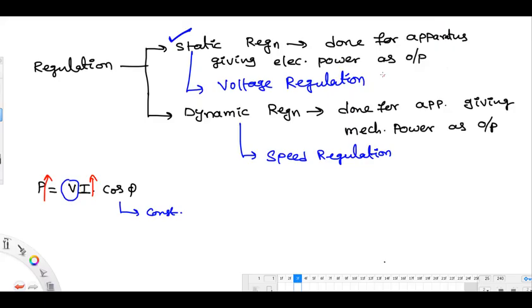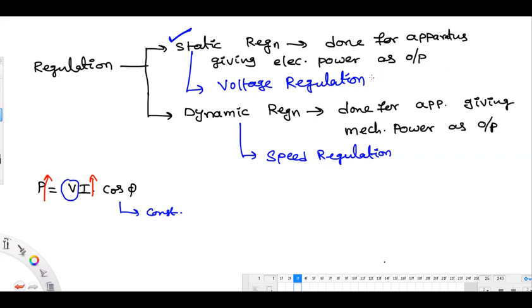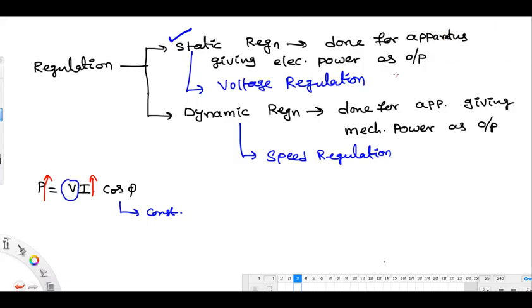One last doubt. Sir, when we are using the T model, we are creating new nodes, you told us. But in pi, we are not, so the number of nodes remains the same in the pi model. But you told that there is an increase in the size of the Y bus. Why is the size of the Y bus increasing?